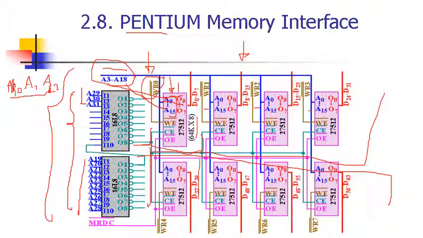If your write 1 strobe is active along with your write 0 strobe, you're trying now to write 16 bits: from your data bus D0 to D7 goes to bank number 0, while, because this is now active, D8 to D15 goes to your bank number 1.